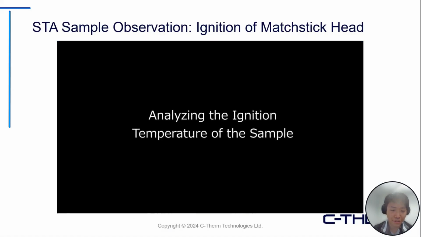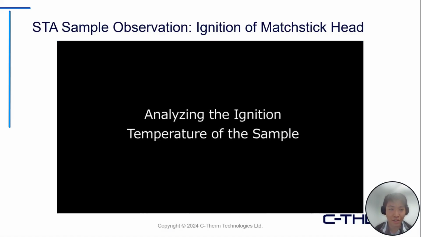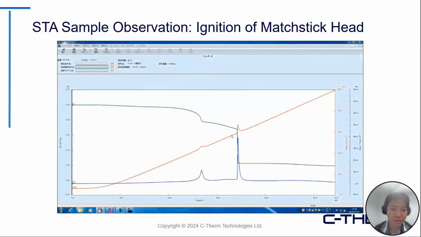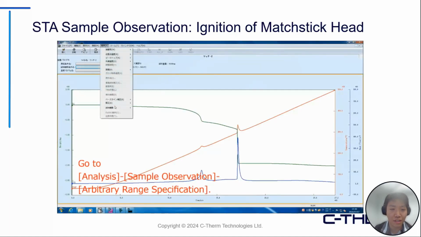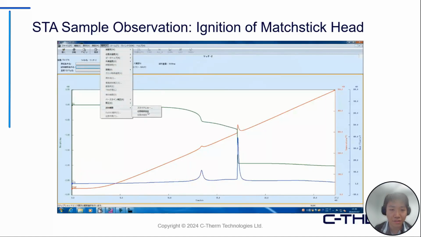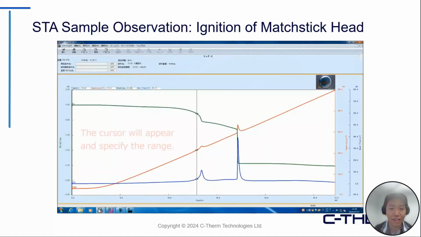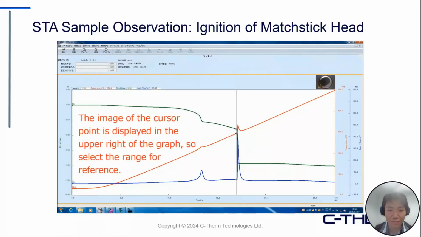And by using the software's sample observation feature, we can extract certain snapshots of the observation during the measurement, and you can then use that as a part of the reporting process. So here the operator is choosing the time region that they wish to extract from.